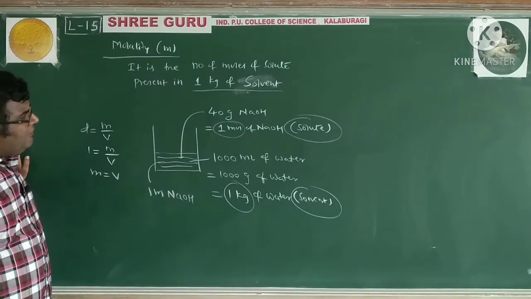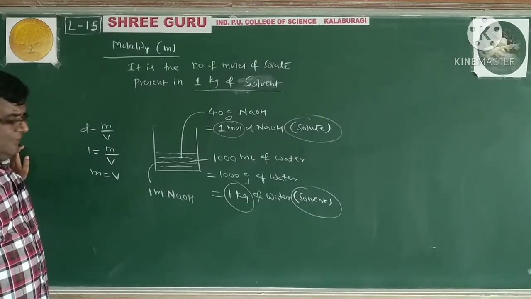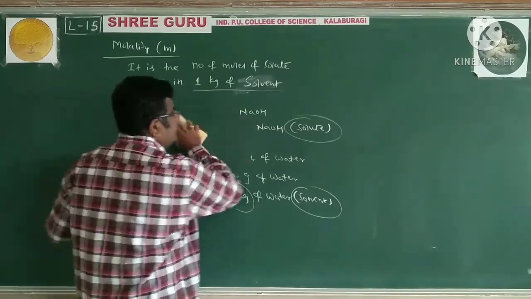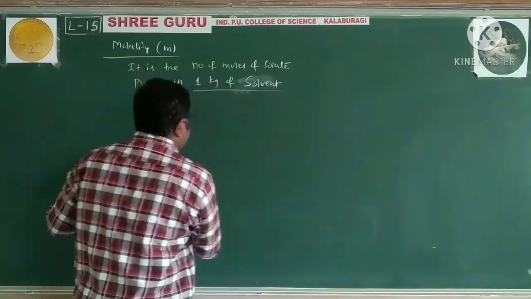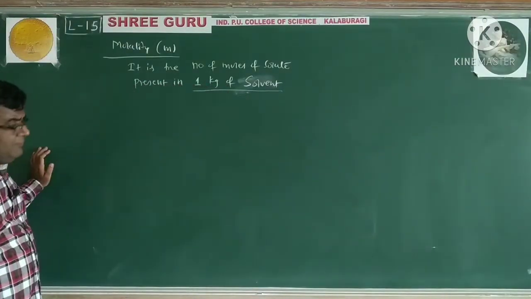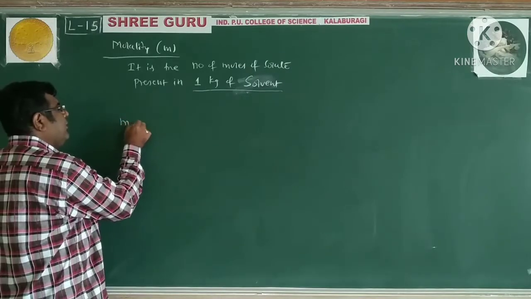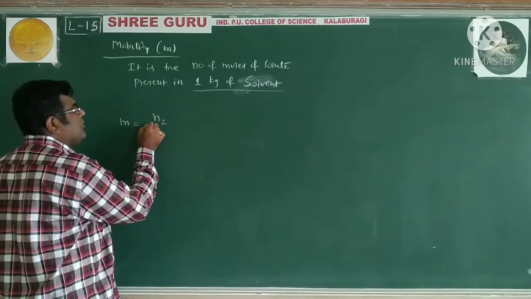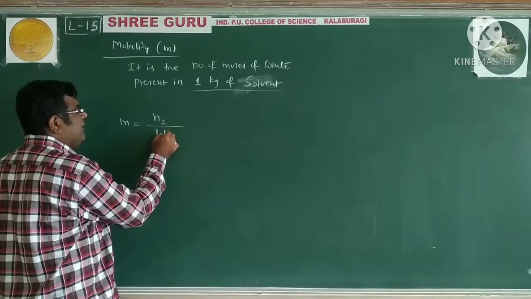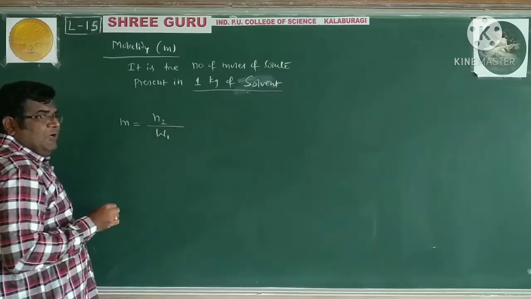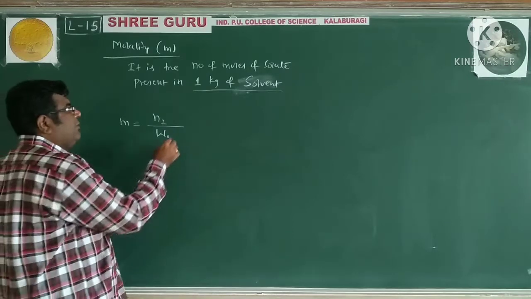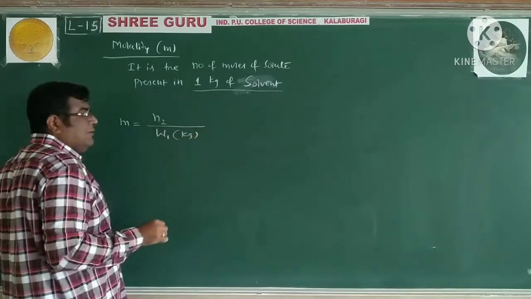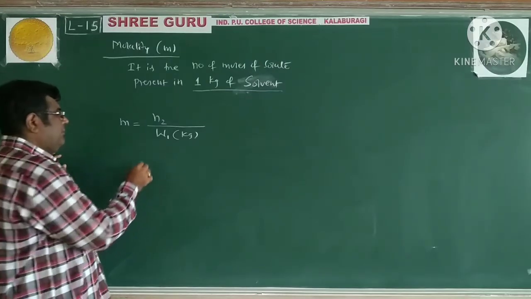Now let's go to the formula and see how we can write it. We can write this as small m, which is the number of moles of solute divided by W1, the mass of solvent in kilogram.